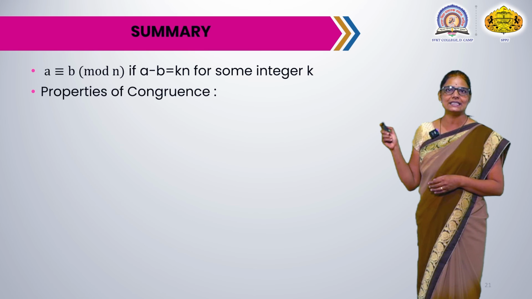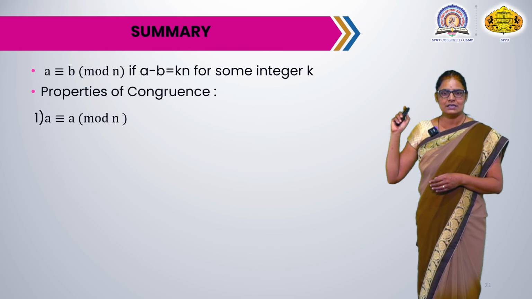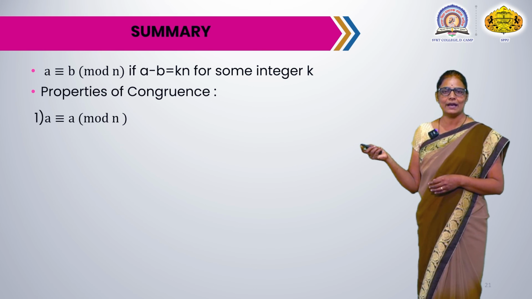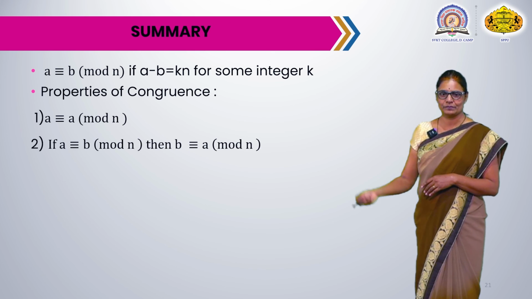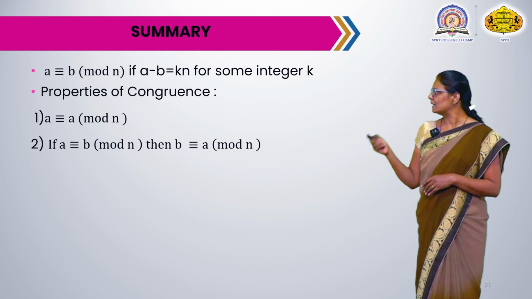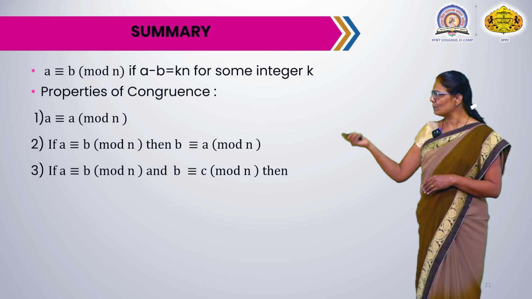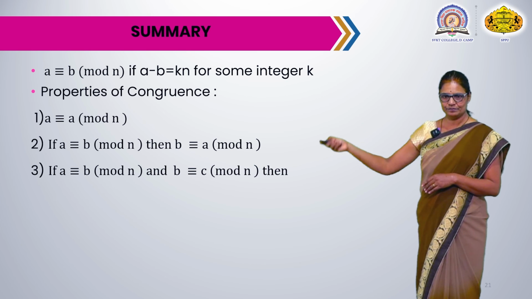The first property is A is congruent to A modulo n. The second property is, if A is congruent to B modulo n, then B is congruent to A modulo n. The third property is, if A is congruent to B modulo n and B is congruent to C modulo n, then A is congruent to C modulo n.